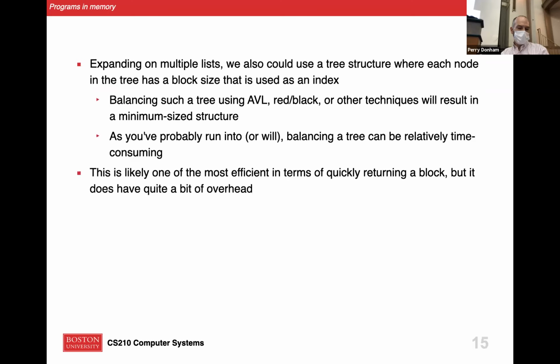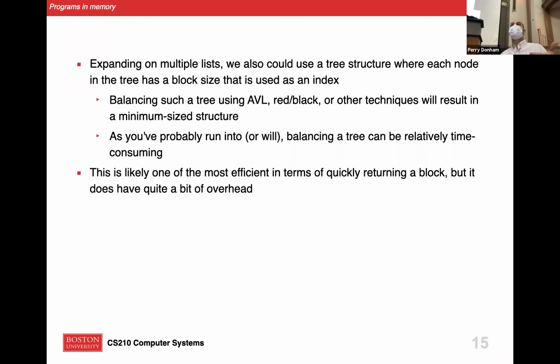Multiple lists, you could keep it in a tree, like keep all your stuff in a balanced tree, for example, and sort them by size. So as I walk down the tree, maybe I get larger and larger chunks, or the larger ones are at the top. If I keep it balanced, using a red-black technique or AVL trees or something, I'm pretty much guaranteed that that's an order... What is it to find the bottom node in a tree?